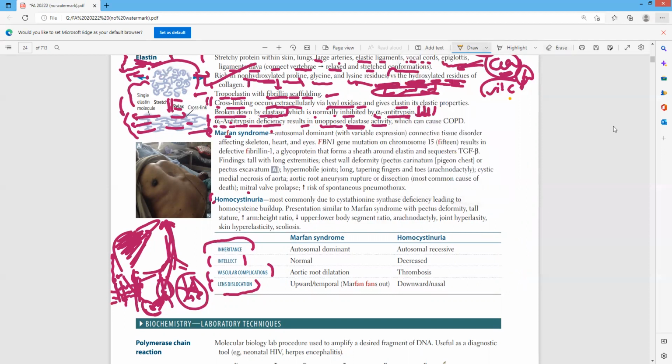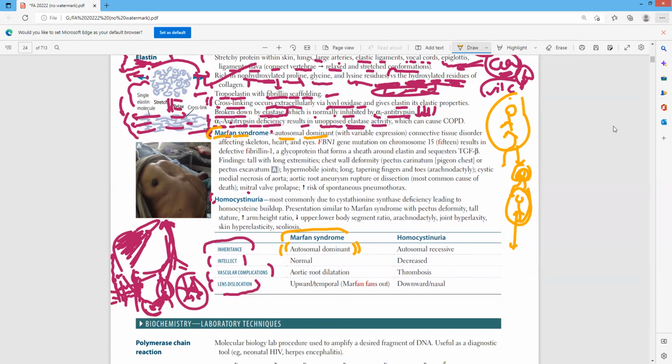Okay. Here with Marfan syndrome, it is autosomal dominant, meaning that you will bring that mutation to the new generation, and the new generation will bring that mutation to the next generation, and it will flow through families.